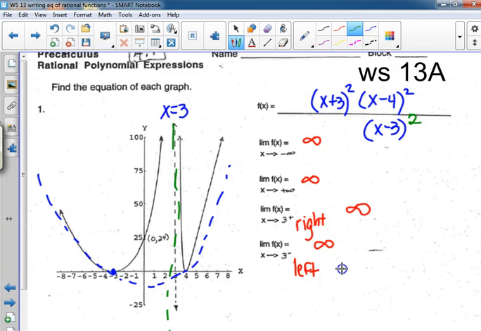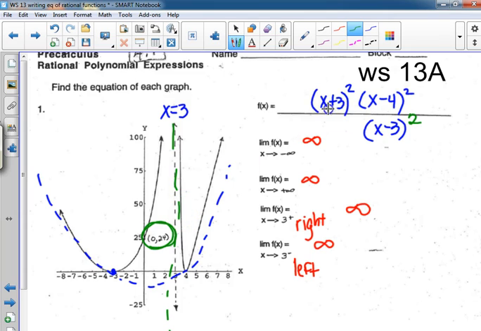Now what are we at? This is not on the quiz. We're just, a lot of this stuff will reinforce ideas you have already. So we're at degree 4 over degree 2, which if we divided out an x to the 4th by an x squared, we'd get x squared. We're looking pretty good. The only other thing we could try to figure out is this point.